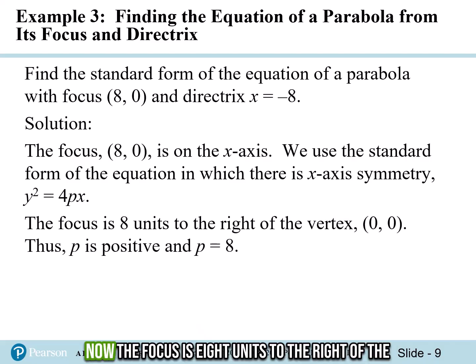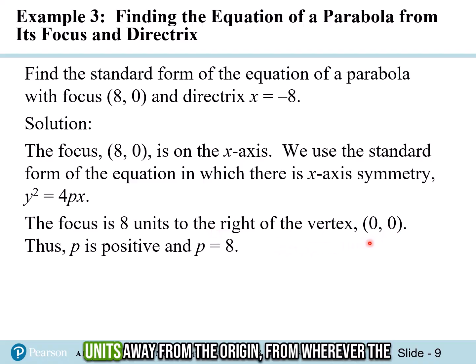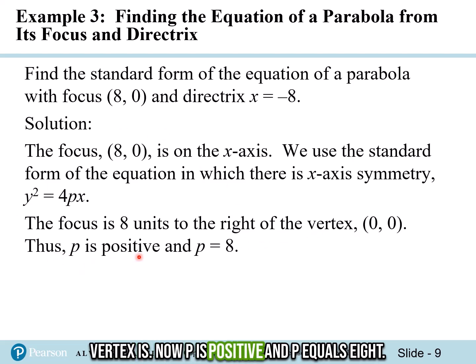Now, the focus is 8 units to the right of the vertex (0, 0). That's the focus point. (8, 0) means it is on the x-axis 8 units away from the origin, from wherever the vertex is. Now, p is positive and p equals 8.